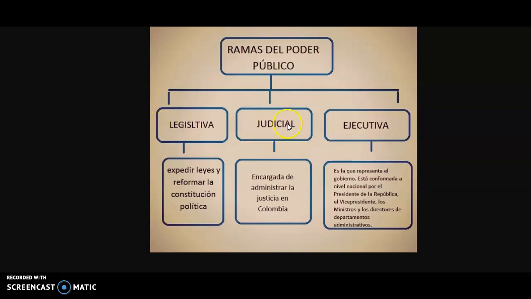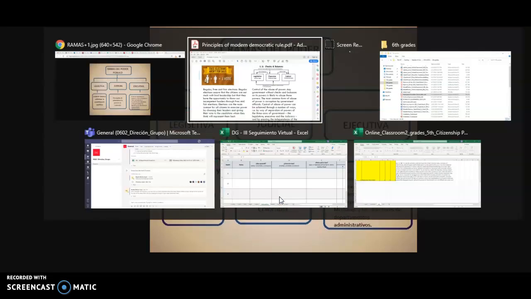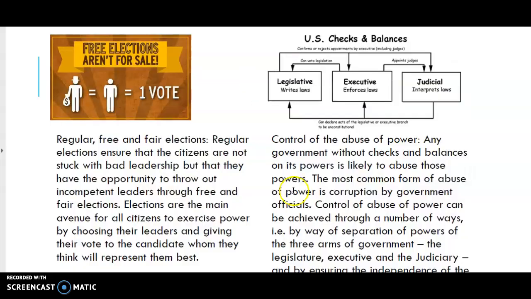Then we have legislative and judicial. The legislative makes the laws. That is the branch in charge of making and passing the laws. And the judicial is the one in charge of making sure that the laws are actually followed. The judicial branch is in charge of enforcing the laws. So, here you have it a little bit clearly. Judicial interprets laws and makes sure that the laws are followed. We have all the judges and all the courts in the judicial branch.